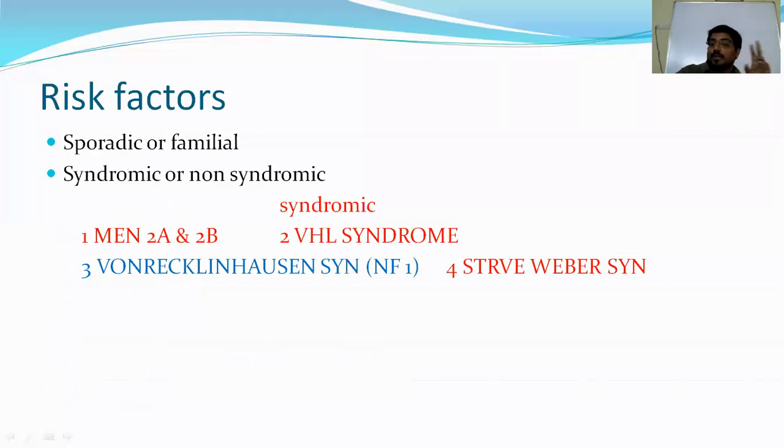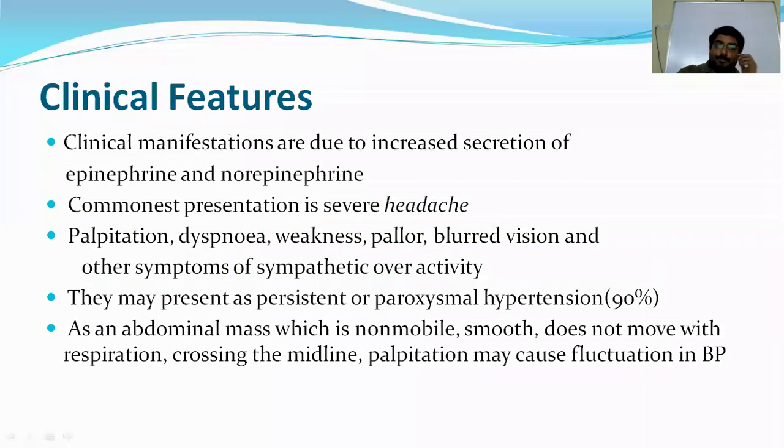Risk factors we divide into sporadic and familial, syndromic and non-syndromic. Syndromic: MEN 2A and 2B, VHL syndrome, Sturge-Weber syndrome. The most commonly occurring syndrome is Von Recklinghausen syndrome, which is neurofibromatosis type 1. And the clinical features I told you: the classical triad of headache, palpitations, and diaphoresis, plus dyspnea, weakness, pallor, blurred vision.